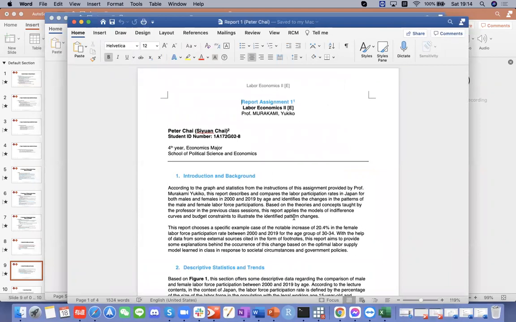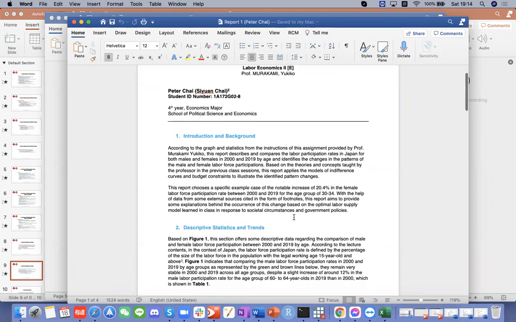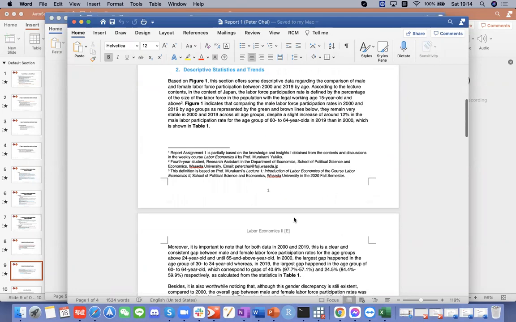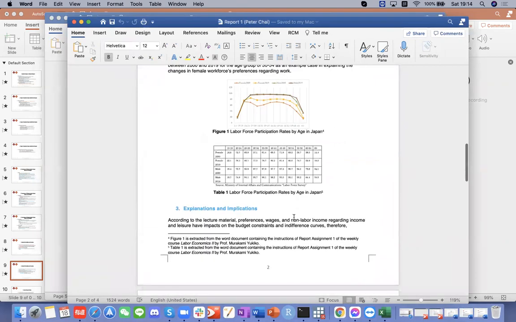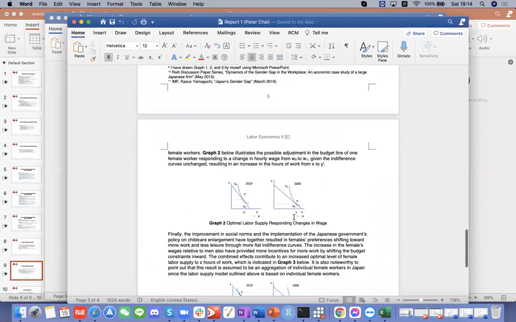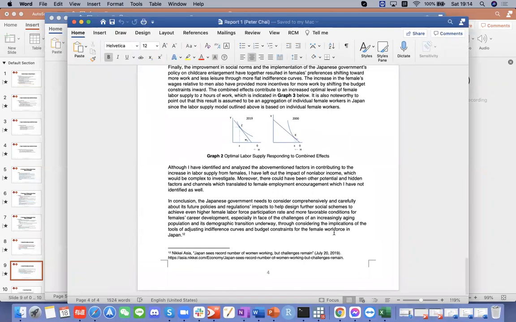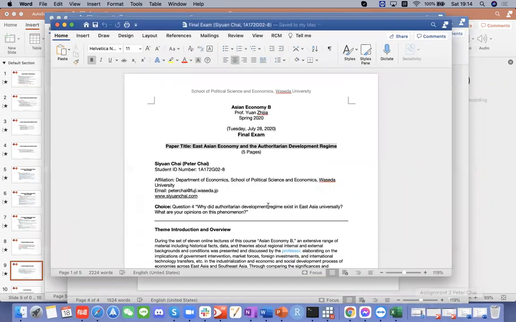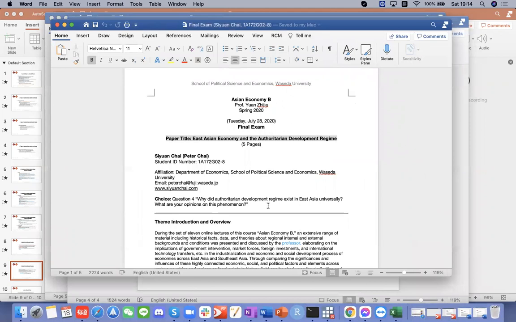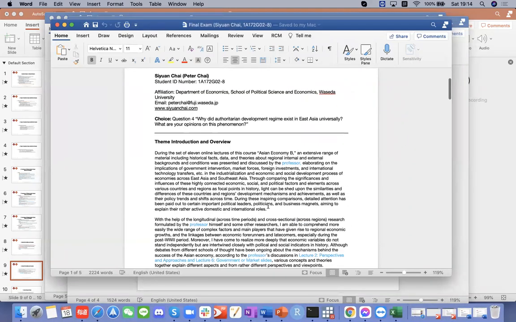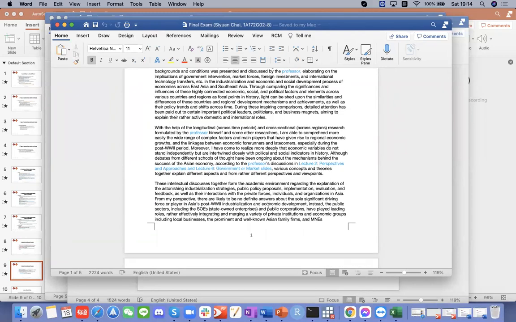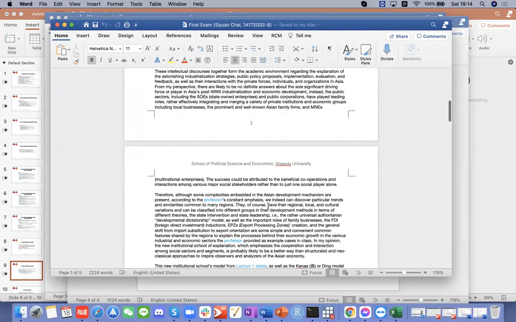And this one was an essay that I wrote for the course titled Labor Economics 2. I included the names of different sections and numbers and charts. This one is what I wrote for the course titled Asian Economy B. I highlighted the keywords in blue and added different sections.